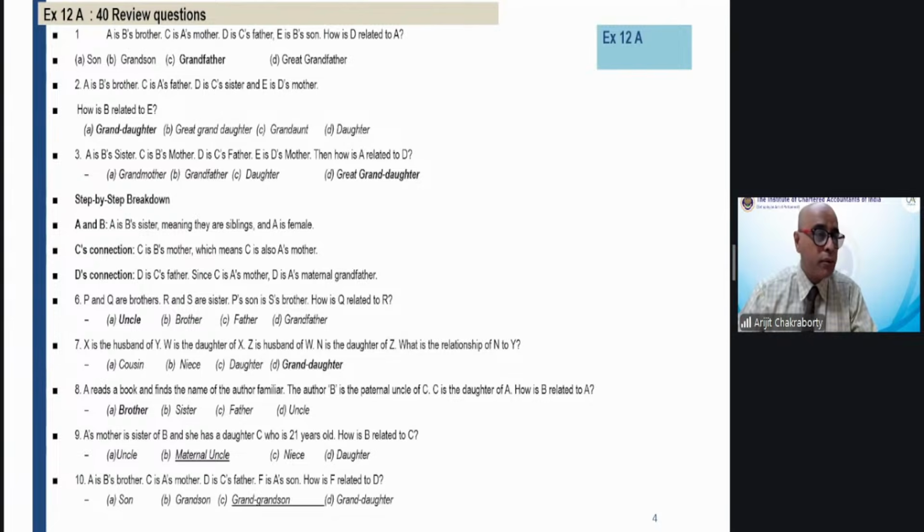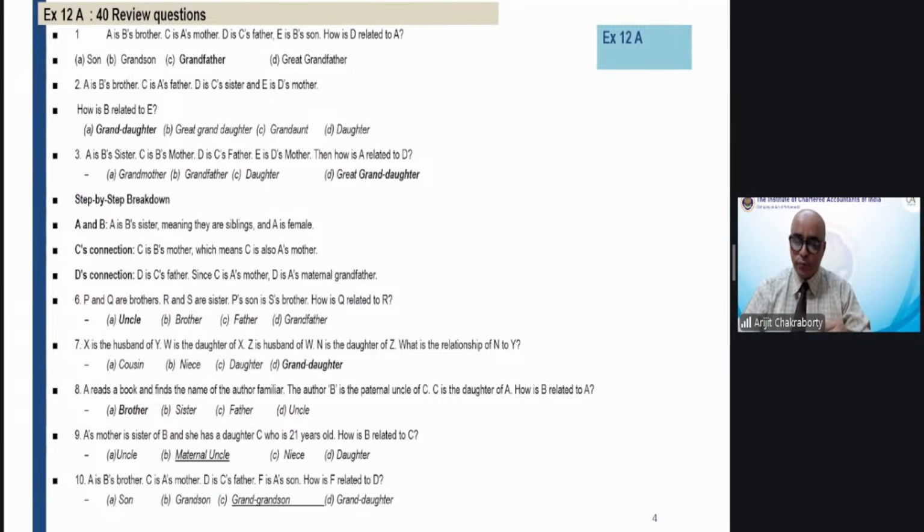You are all aware of a term called HUF, Hindu Undivided Family. So these, what we see nowadays, the relationship, we have seen joint family. From there, of course, nowadays we have nuclear family. But this question number 10 includes several generations.